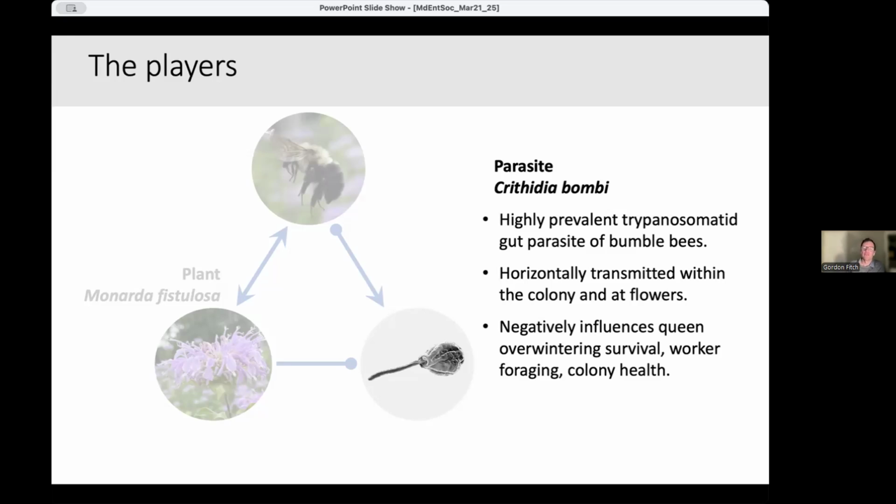But it does have negative effects, particularly for bees that are otherwise stressed for nutrition or other diseases. The most significant effect is that it reduces the queen's overwintering survival, but it also reduces foraging efficiency and leads to slower growth of colonies. So, a significant but not deadly parasite.